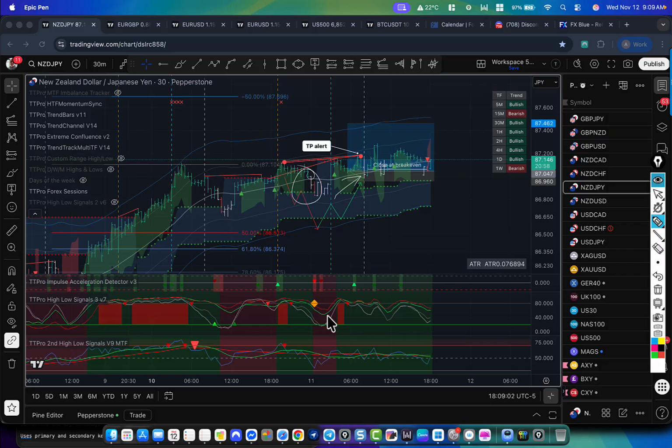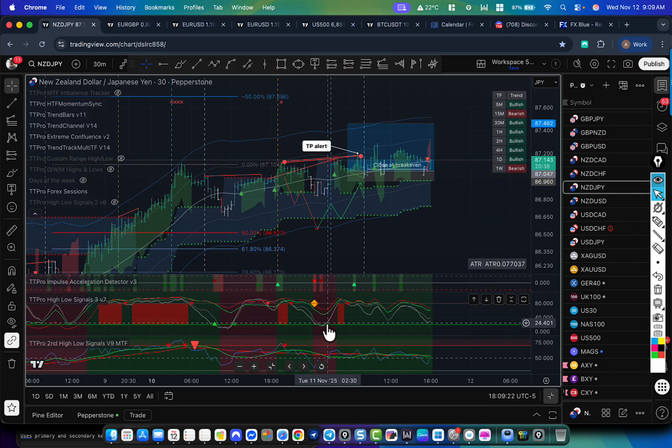See this alert here? You can set that, because that will give you the pullback, and look where you can take that trade right there, and that's actually a really good entry signal. It's off this high-low signal 3, and that's the alert right there.